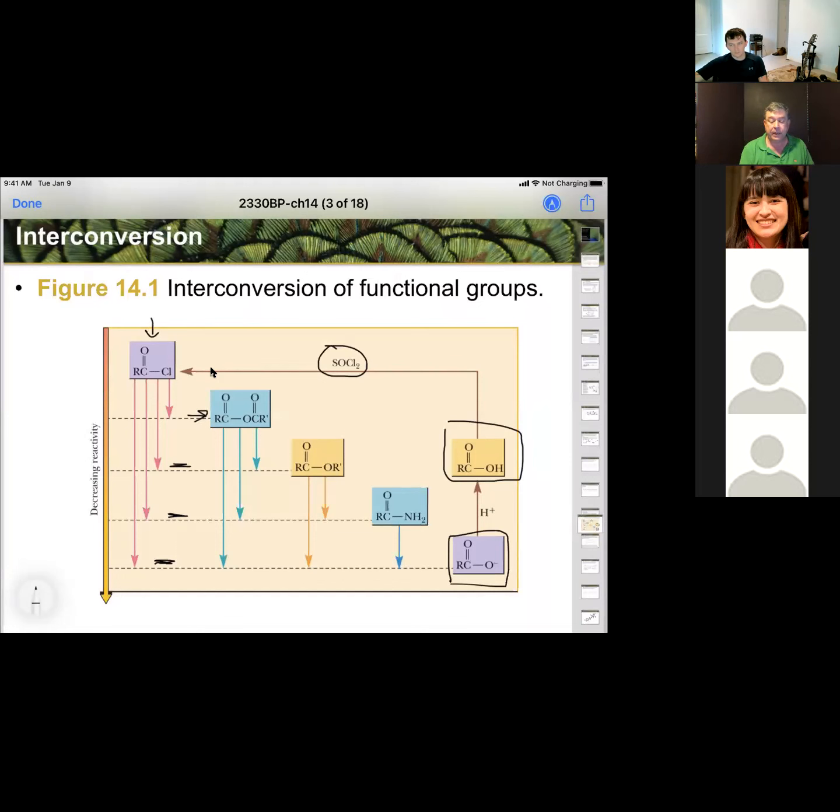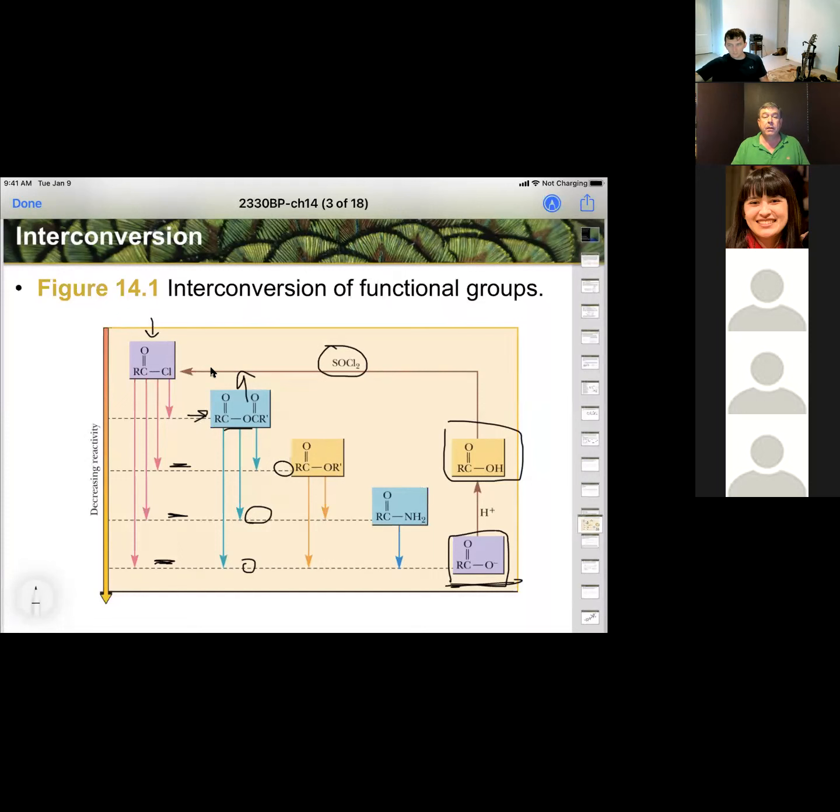Now, if you have the anhydride, you cannot make the acid chloride. It's more reactive. But you can react it with an alcohol to make an ester, or react it with an amine to make an amide, or react it with basic water and get to the carboxylate salt.